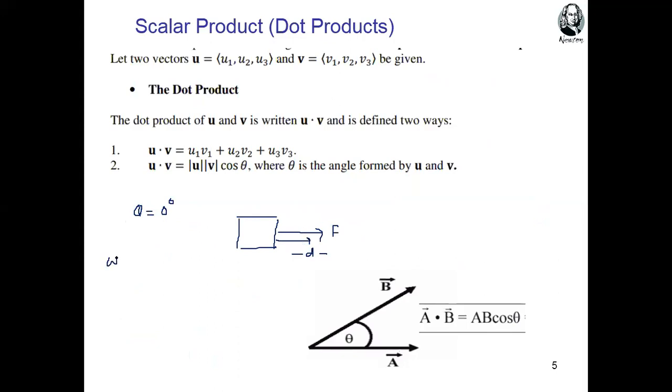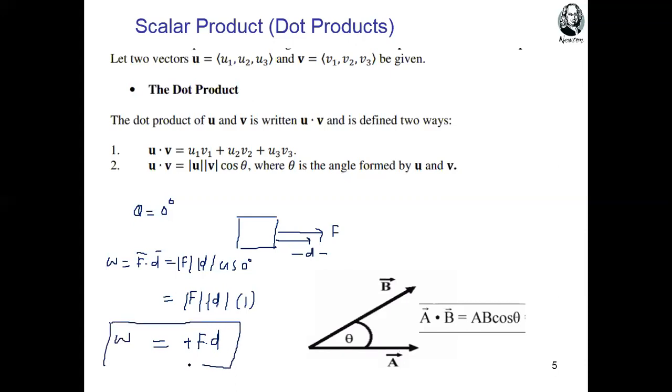So work done is equal to F dot D, where F magnitude, D magnitude, and we have cosine of 0 degree, which is equal to 1. So in this case, our work will be positive work, F dot D, work done when angle is 0 degree.